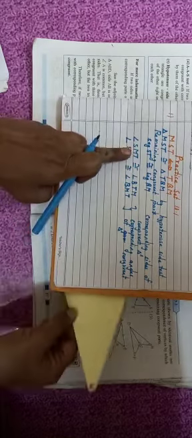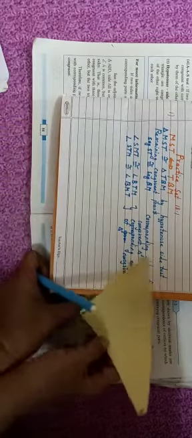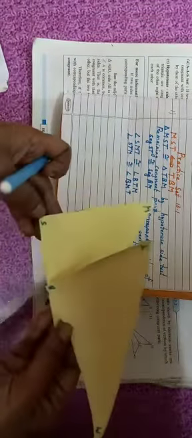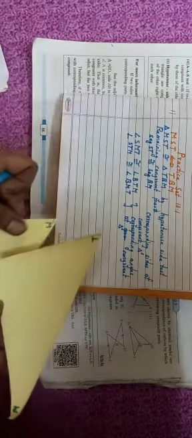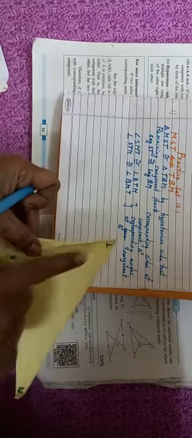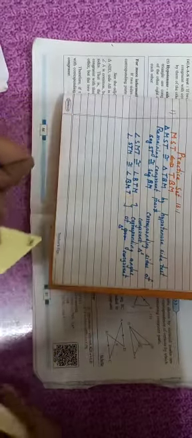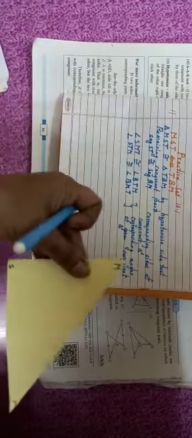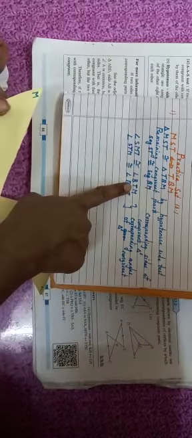And angle SMT is congruent to angle BTM. So what is that? Here, angle SMT is congruent to angle BTM. So when I am placing it, you saw angle SMT is congruent to angle BTM.